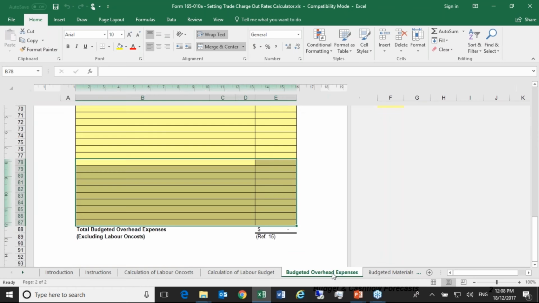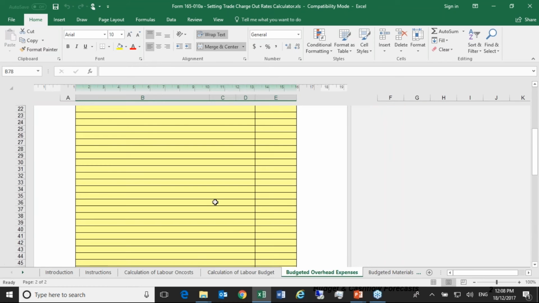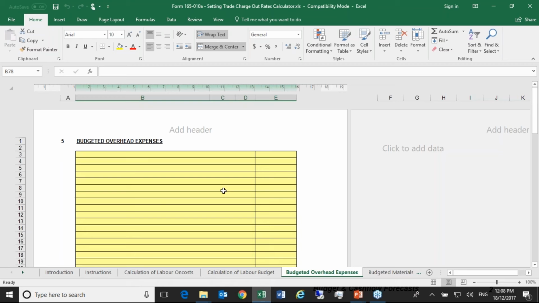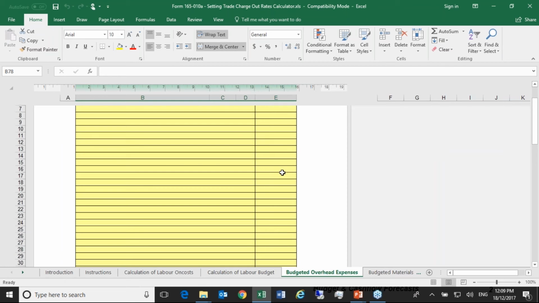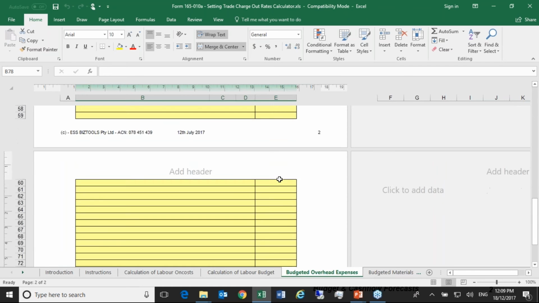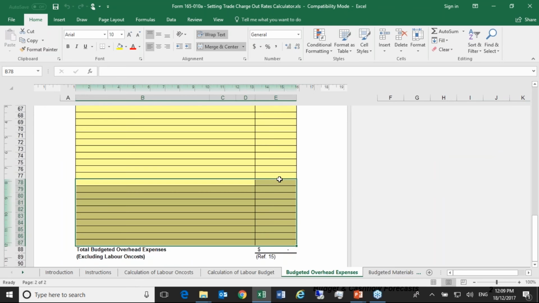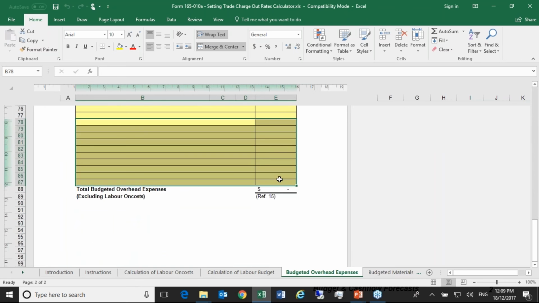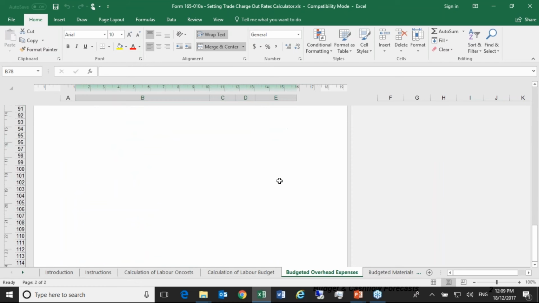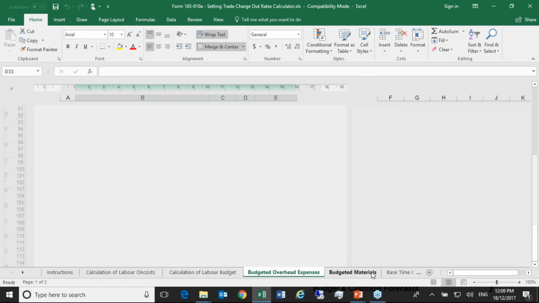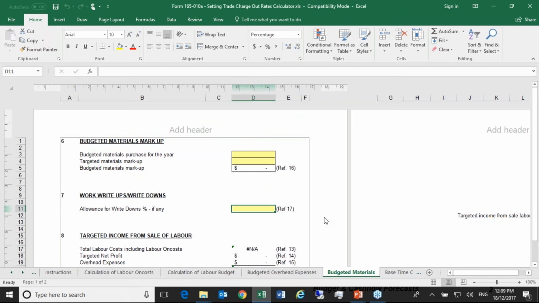Within trades, we would then go to the budgeted overhead expenses, which need to be inserted for this business. Within trades, we have this different idea of materials being purchased. So there's a markup that's normally determined by a business.